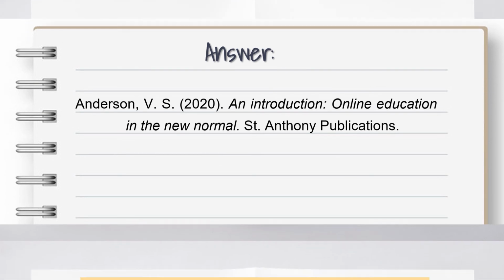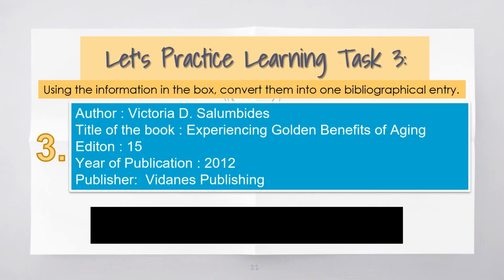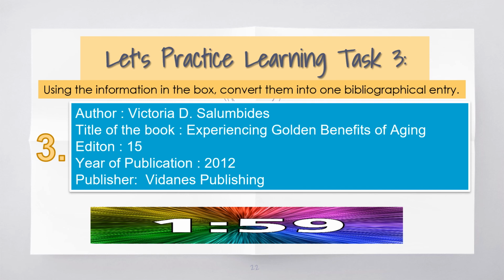Okay, lastly, for our learning task number 3, this is the last item. We have the author, we have the title of the book. This time you will see that there is an edition. Oh, it's edition, sorry for that. This is the 15th edition, the year of publication, and then the publisher name. Okay, so let us have our 2 minutes.